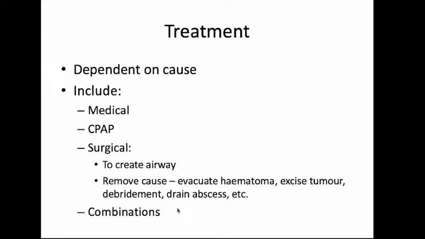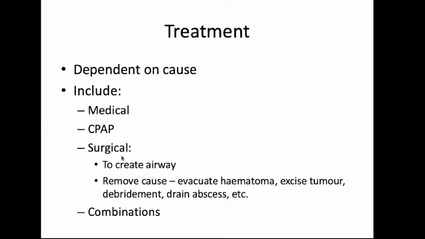Treatment will depend on the cause that you find. And like I said, it can be medical, it can be surgical, and sometimes you just need a continuous positive airway pressure, like in people who have upper airway obstruction, maybe adults who have structures that are blocking them, or the micrognathia that I was talking about. You may want to start with the CPAP.